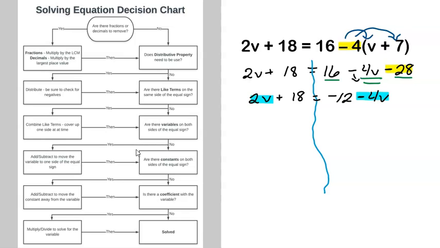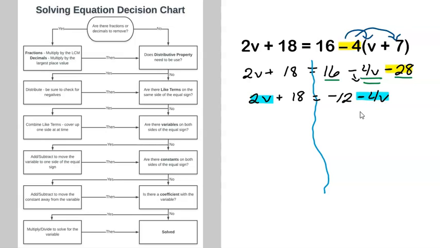Now remember the rule of thumb, move the one that is the smaller coefficient, and it's going to help because you don't have negatives. Now this is where the negatives do come into play. So this is a +2 and this is a -4. Well, a positive is always bigger than a negative, so the one I'm going to move here is the -4.